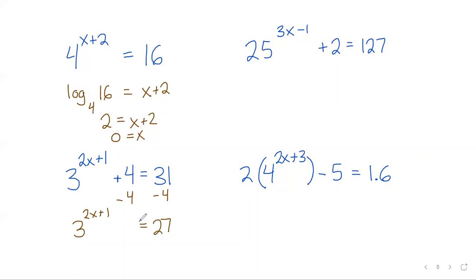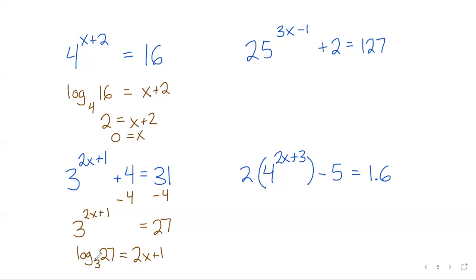Again, you might be able to see what's going on with the 3 and the 27, but let's just do this algebraically for practice. So I'm going to say, well, my unknown is in the exponent. This should be in log format. So I'll put log base 3, the outcome's 27, argument, I really should say, equals 2x plus 1.